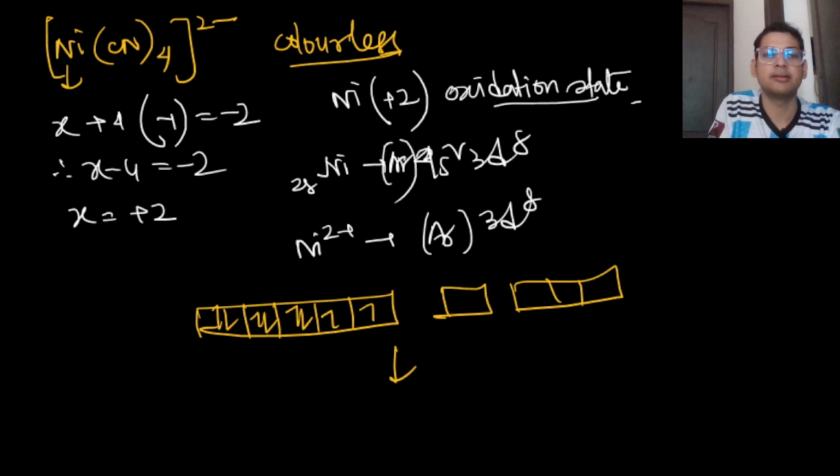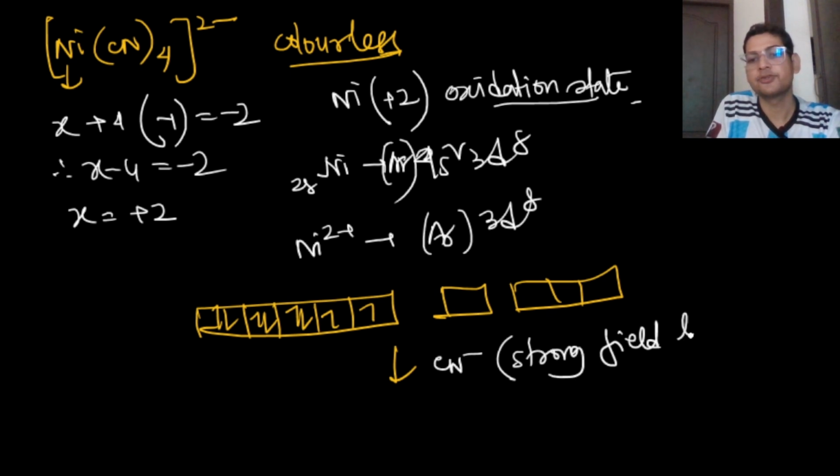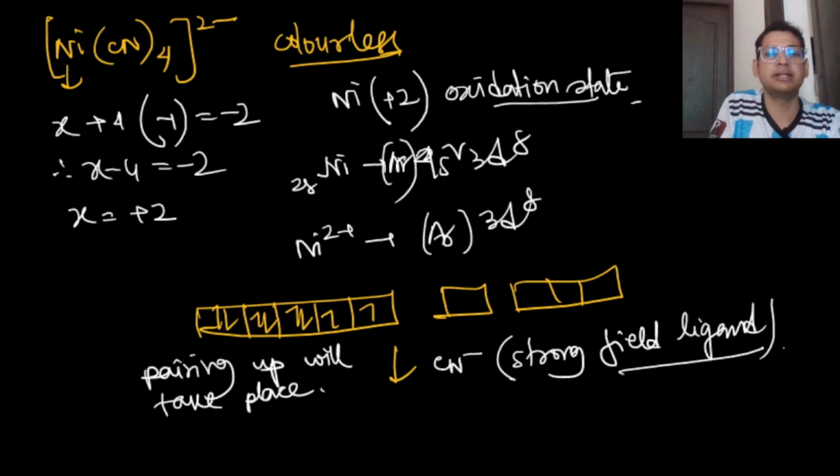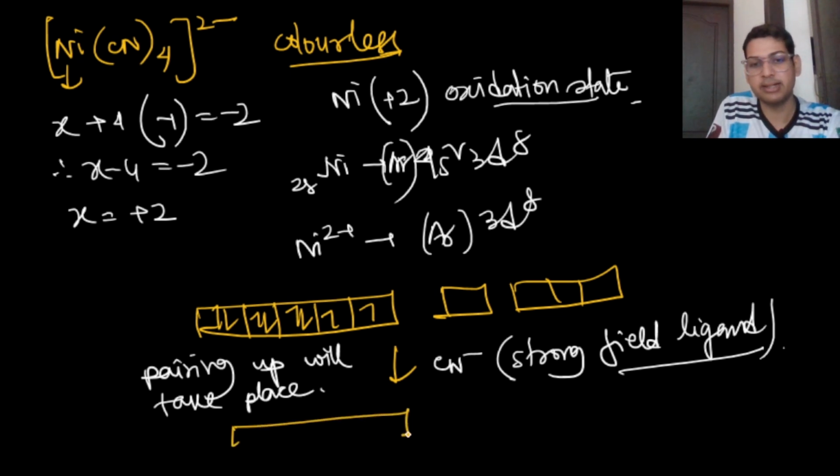But CN- is a strong field ligand, and as it is a strong field ligand, pairing will take place. And if this takes place, then what happens, sir?